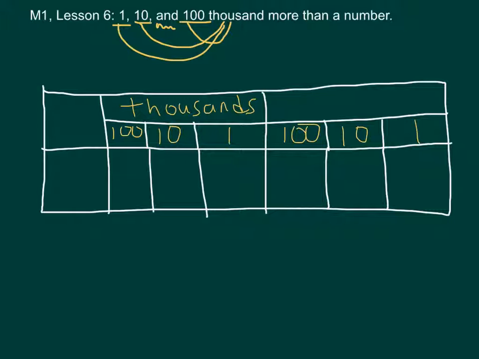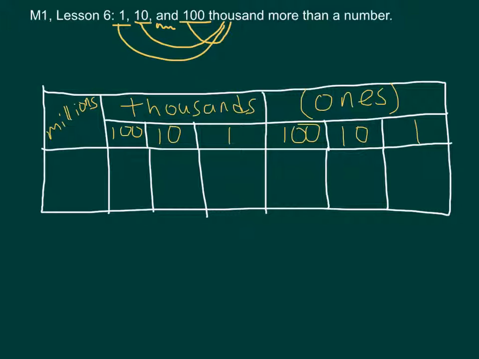And finally, this last space over here is the millions. And if you want to fill in this blank right here, this one's called the ones period. We put that in parentheses because we don't name that one, because it's already named right here in the ones place.